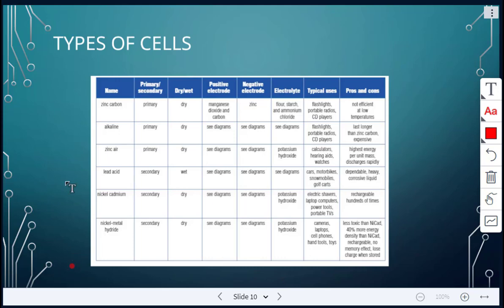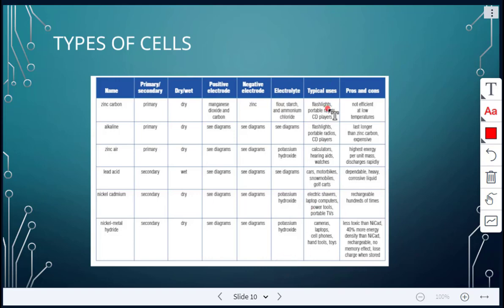And then here's just a chart, just going through whether they're primary or secondary. So we can see here the lead acid, nickel cadmium, and nickel metal. Those are secondary cells. We can also see if they're dry or wet. You can see which is the positive electrode, which is the negative electrode. We can also see what is being used for the electrolyte in the chart as well as in the diagrams.